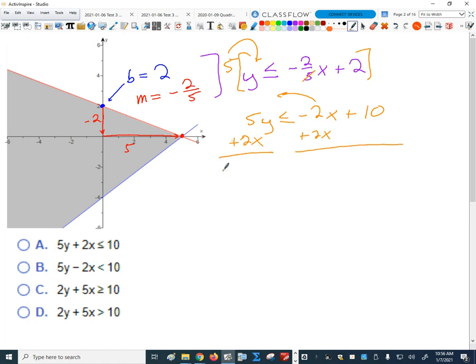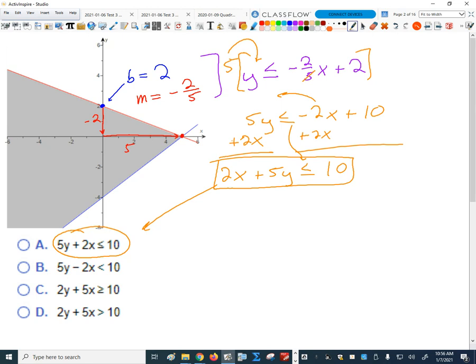And that's going to give me 2x plus 5y is less than or equal to 10, right? So which one of those does that match? They've got them mixed up, right? Which is okay, but it would match that one, wouldn't it? Everybody see that? Okay, so that's how you're doing that one.